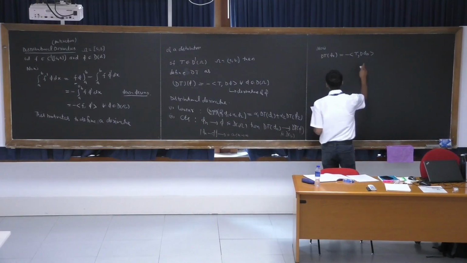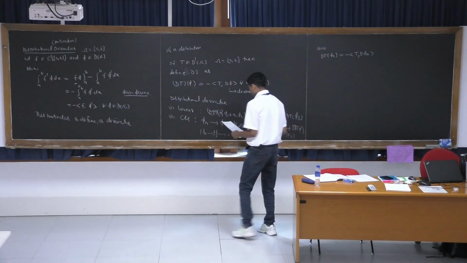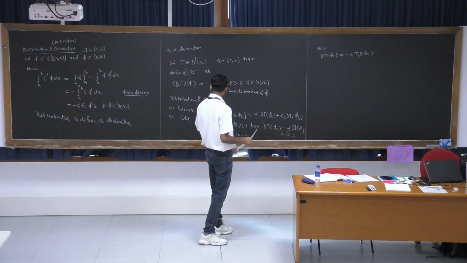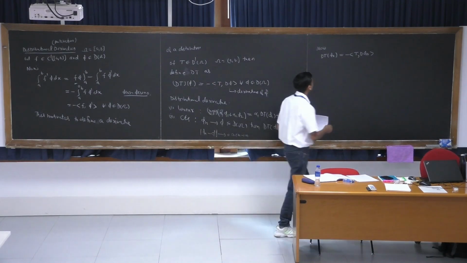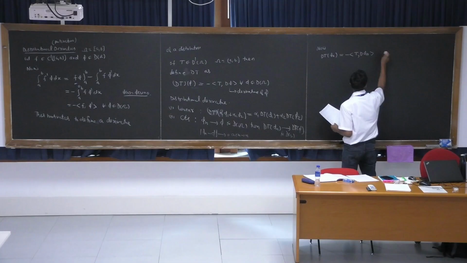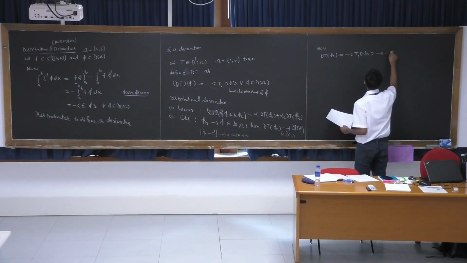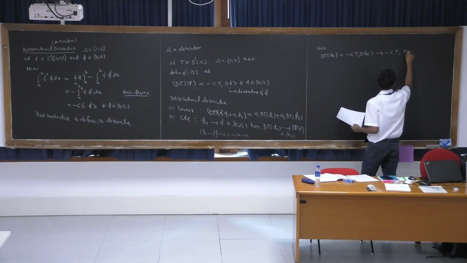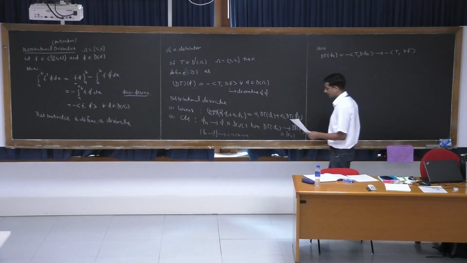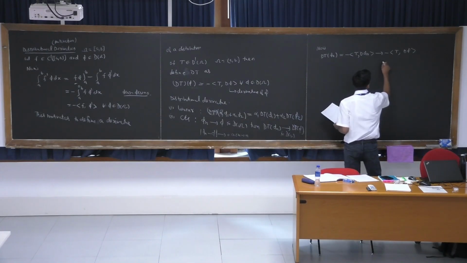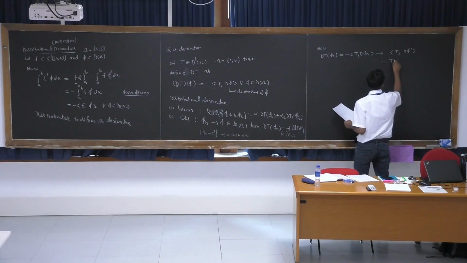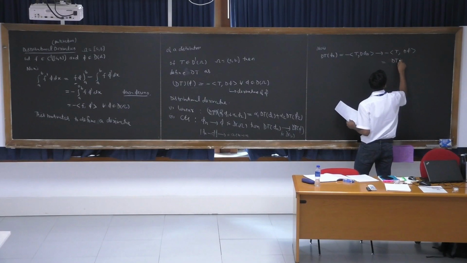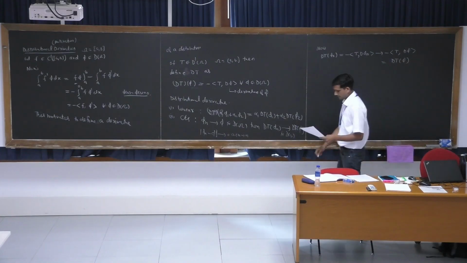And as you know that phi n converges to phi, we can say that this converges to minus T of d phi, and this is nothing but dt of phi.